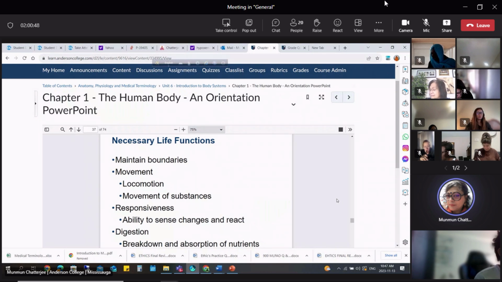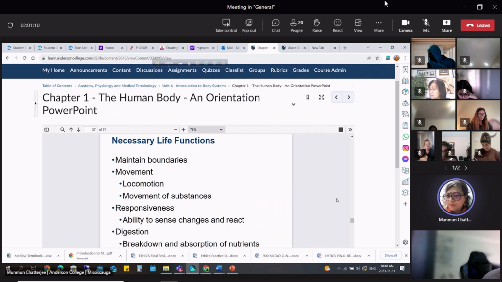Now we are going to see what are the main life functions we have to learn, and then how these different life functions are taken care of by the different organ systems.